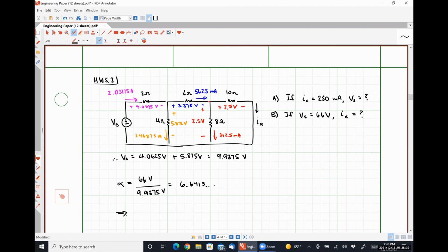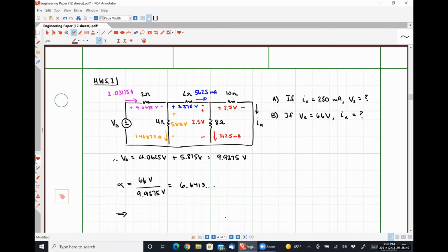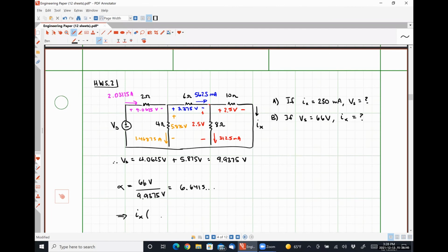And from this, Ix, when Vs is equal to 66 volts, is just alpha times 250 milliamps, which is 1.6604 amps. No circuit analysis required. We already did all the circuit analysis by figuring out effectively the transfer function of the system, so we don't need to rework it again.